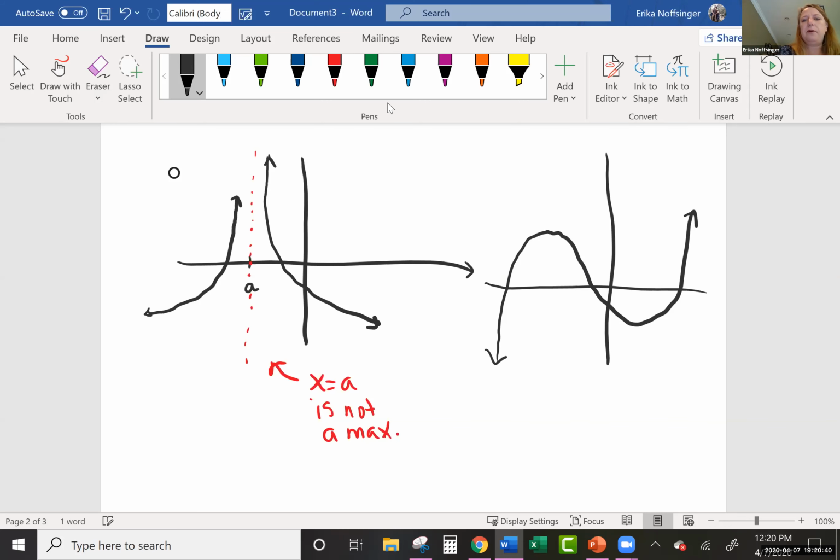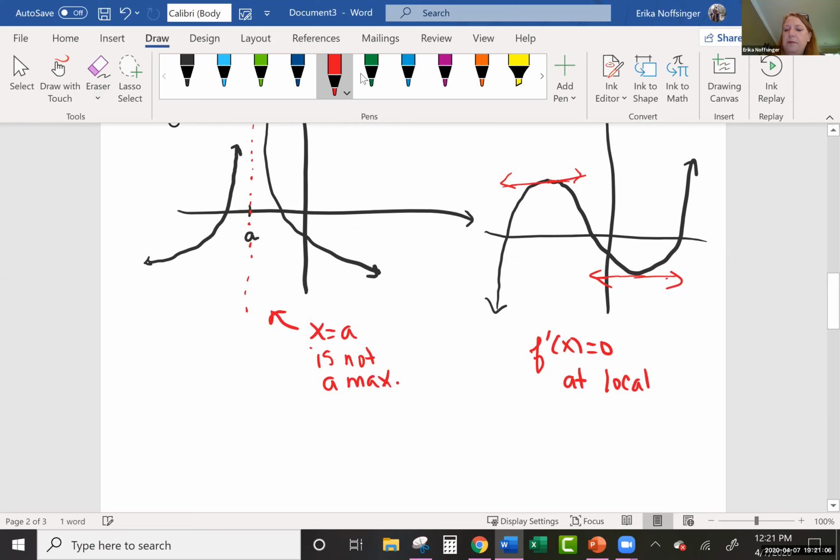So notice here, if I was looking at my tangent line, the tangent line here at the max, and the tangent line here at the min, we know that our derivative is equal to 0. And we talked about that, I think, in the first section. So local extrema could occur when the derivative is equal to 0.